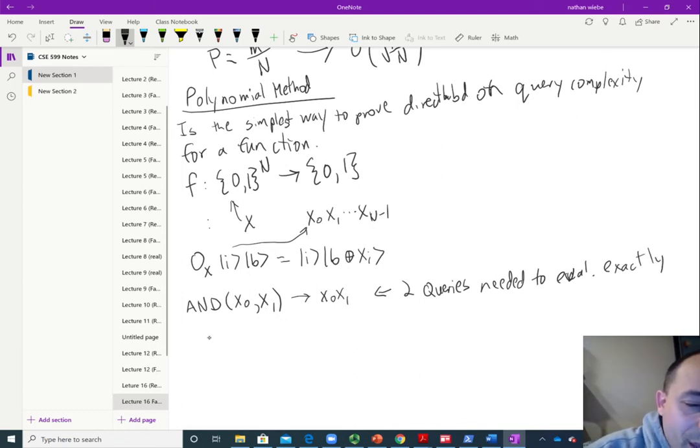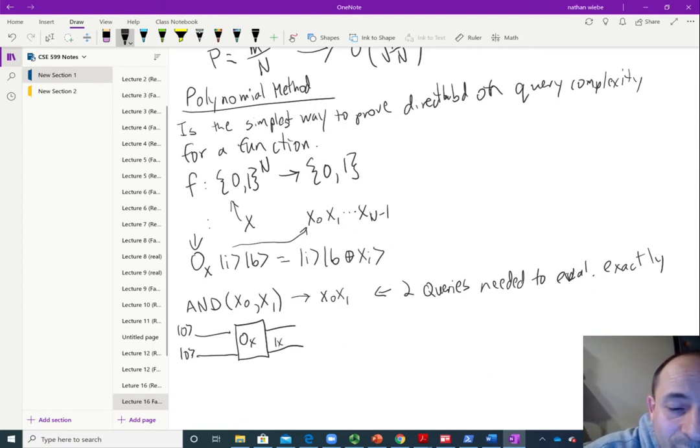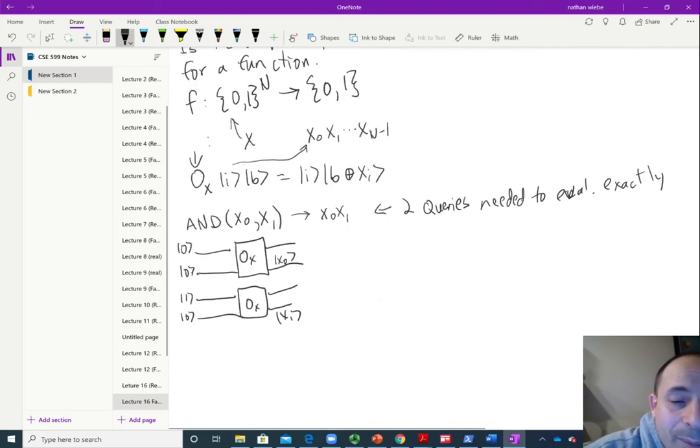So just to give a very concrete example of this, if we wanted to do this on a quantum computer using this oracle O_x, we'd begin by feeding in 0 up here, and 0 down there, and we would call O_x, and this would end up outputting a bit containing x0. Similarly, if we wanted x1, we would query it with 1, put it through O_x, and this would end up giving you x1 down here, and the same thing up there.